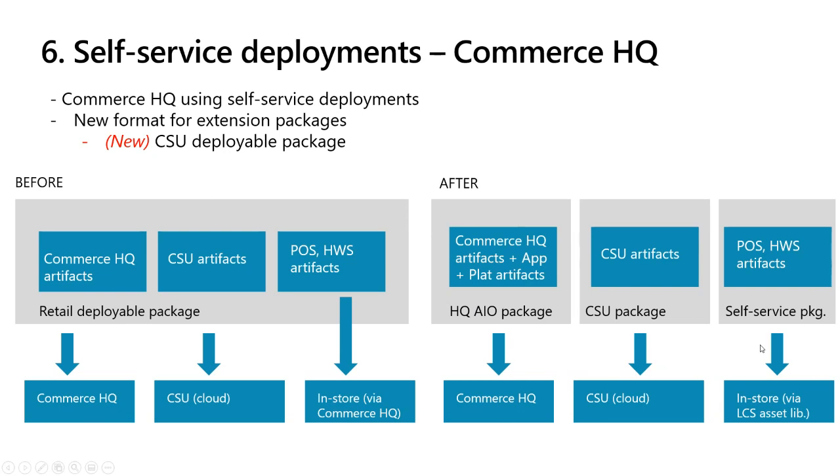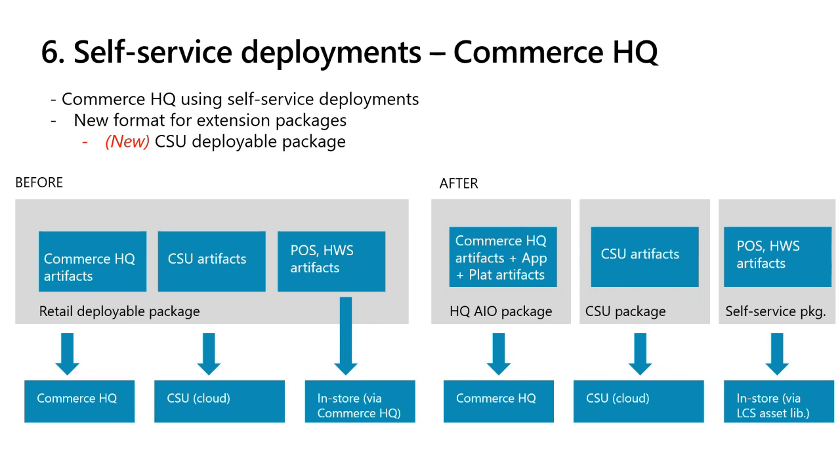And the other improvement we made is your self-service packages are no longer now deployed to Commerce HQ. Although the functionality that we had before is preserved and it's transparent to you, behind the scenes, you've significantly improved the process. So you can still go to Commerce HQ and download the artifacts for your in-store components, but the performance is going to be much, much faster.